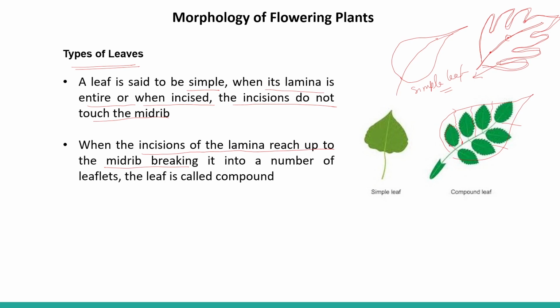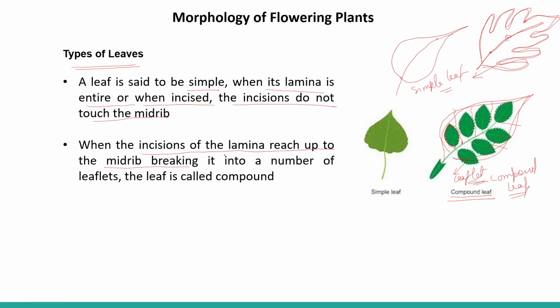Later, this formed small leaf-like structures which are now called leaflets. So there are a number of leaflets, but actually this whole thing is called one leaf, and such a leaf where a number of leaflets are present is called a compound leaf. It is called a compound leaf because there are many leaflets.